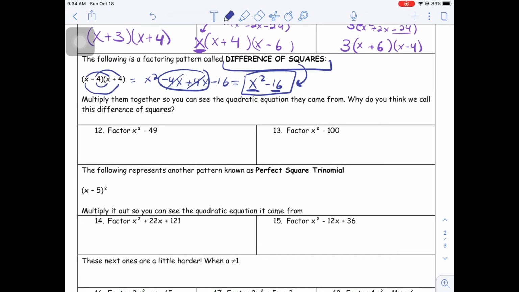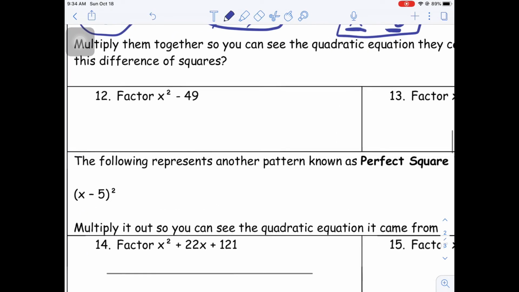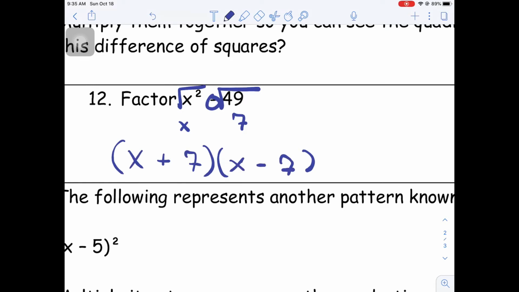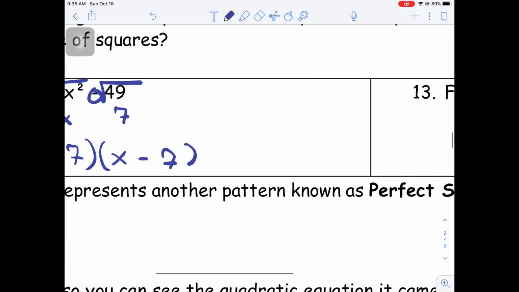Okay? So let's talk about difference of squares factoring. So number 12 right here. Square root, that tells us that x and 7 are what's going in our factors. It's negative in the middle here, positive, negative, every single time. X in the front, 7 in the back. Boom. That's it.